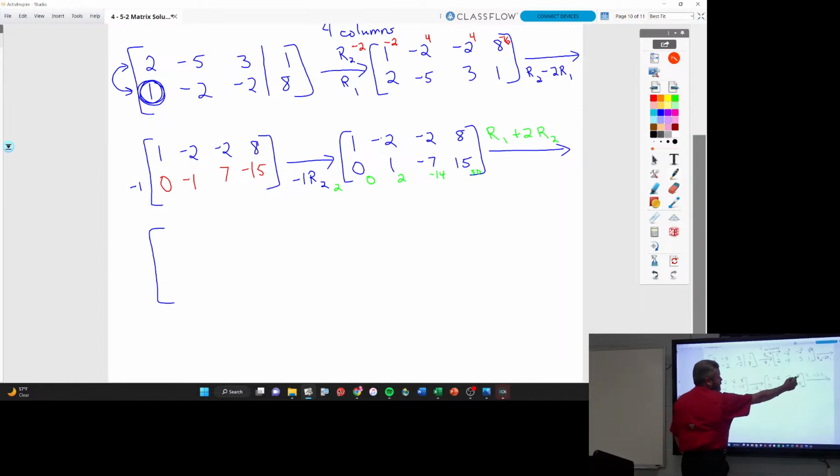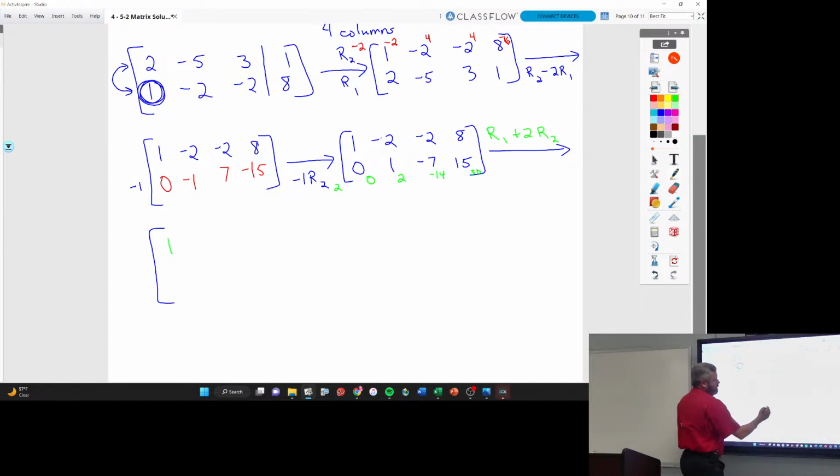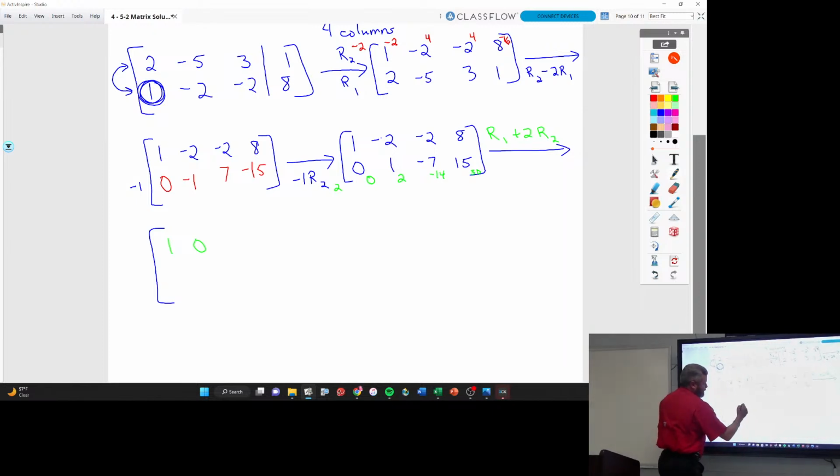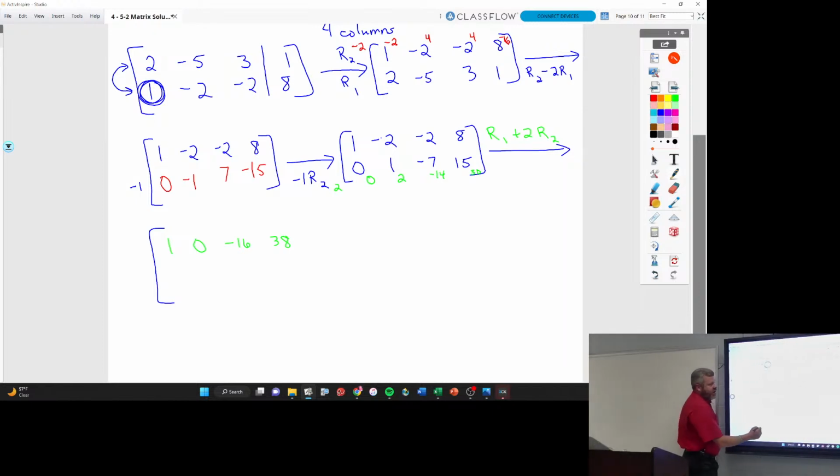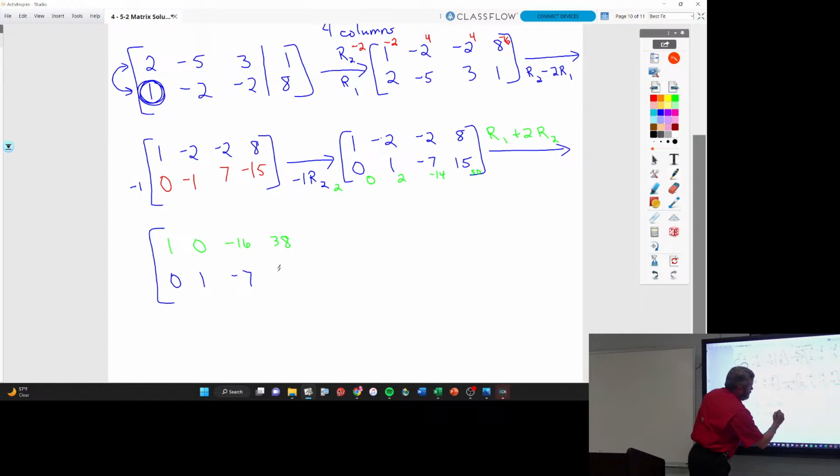So take row 1, add it to my green row. 1 and 0 is 1. -2 and 2 is 0. -2 and -14 is -16. 8 and 30 is 38. Row 2 has not changed: 0, 1, -7, 15.